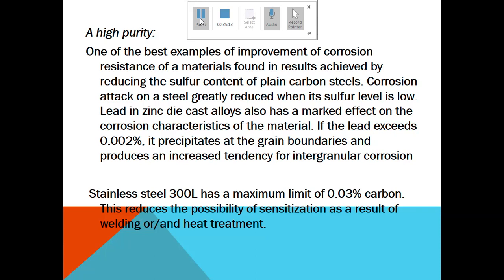The nickel content: an increase in nickel content increases the stacking fault energy, which encourages cellular dislocation distribution rather than planar arrays of dislocations.